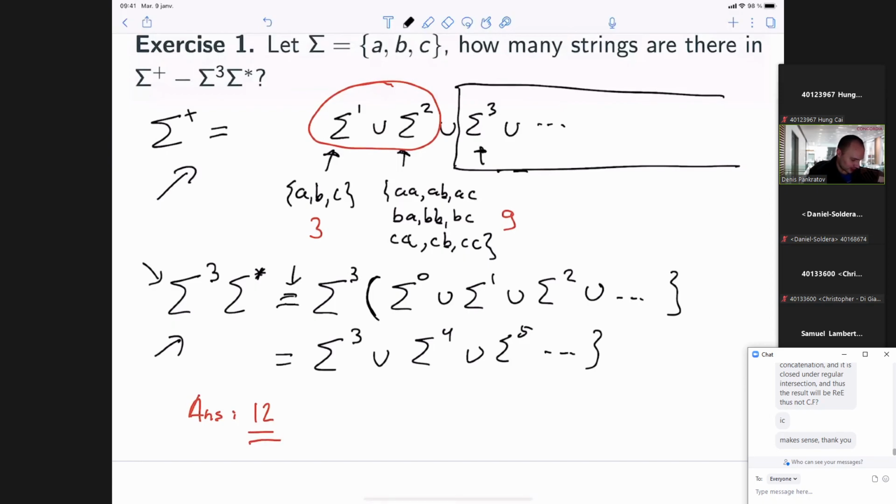Is this equality clear? Here I'm just re-expressing sigma star in terms of individual components of which it consists. It consists of strings of length 0, strings of length 1, strings of length 2, and so on. So this is just by the definition of the sigma star. I'm just rewriting sigma star in terms of what's in brackets.